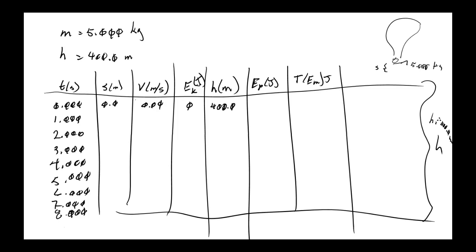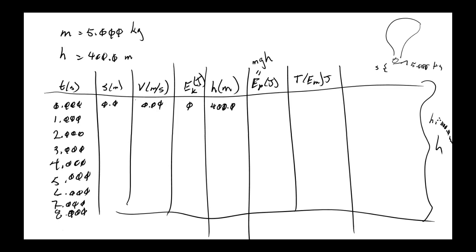I filled in what we had so far. We didn't calculate E sub P. What's the formula for potential energy? mgh. Your m was 5 kilograms. Your g is 9.80 because you're in SI units. And your h is 400 meters.